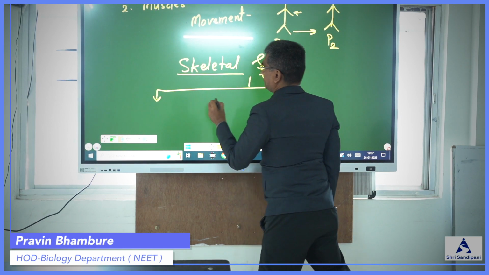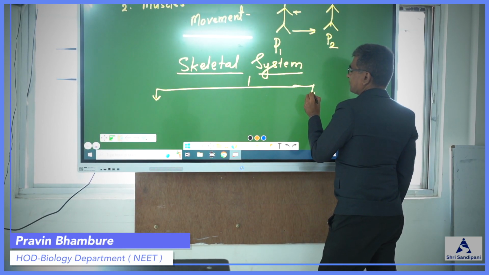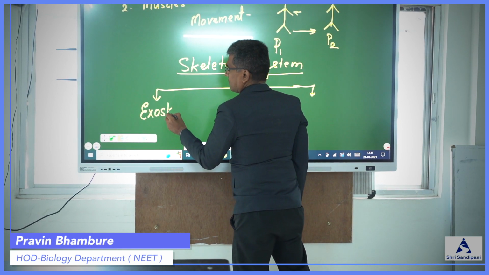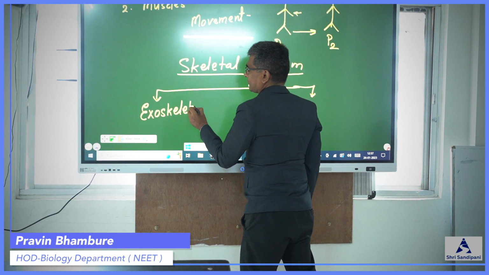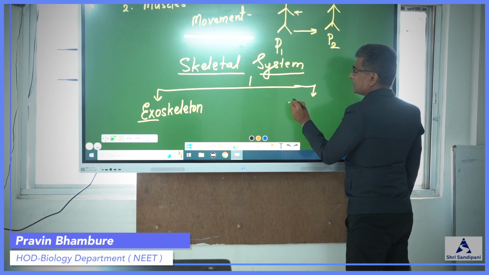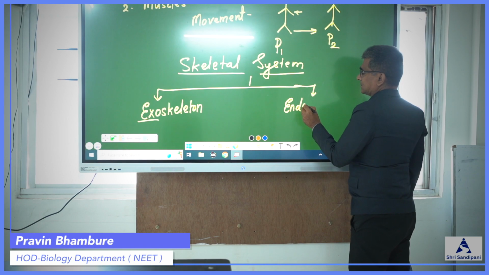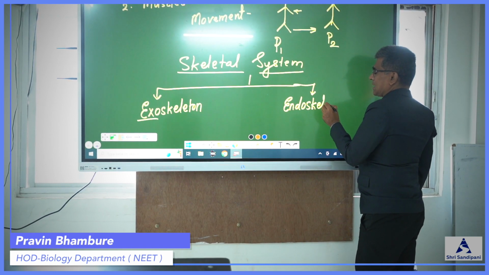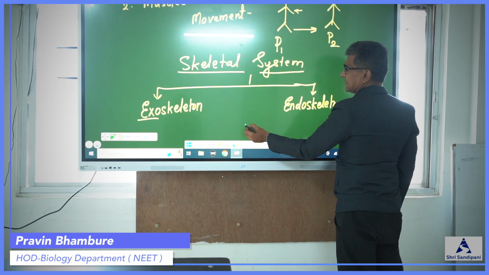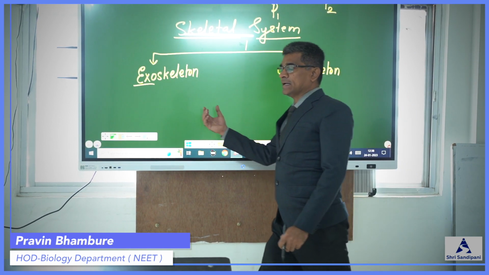Skeletal system is made up of two. One is called exoskeleton. Exo means outside, exterior, and another one is called endoskeleton. Now, what is the difference, we will see in a little while.